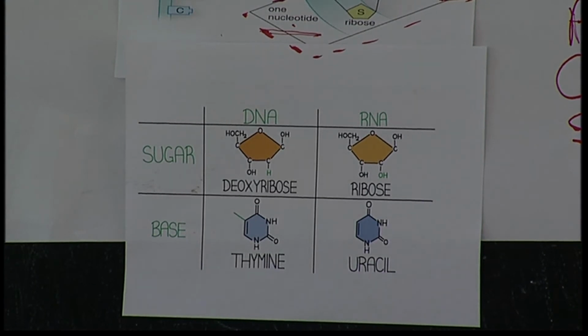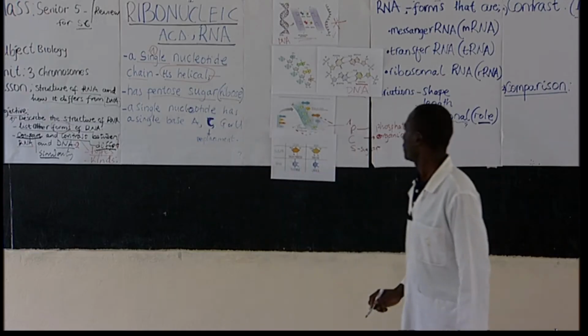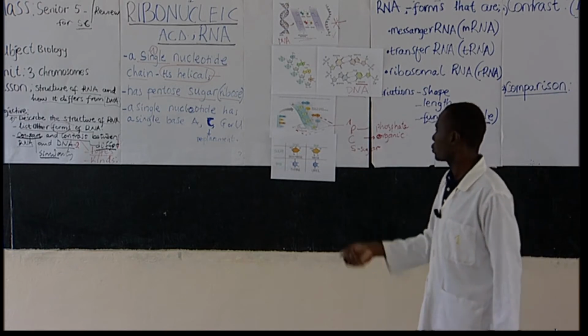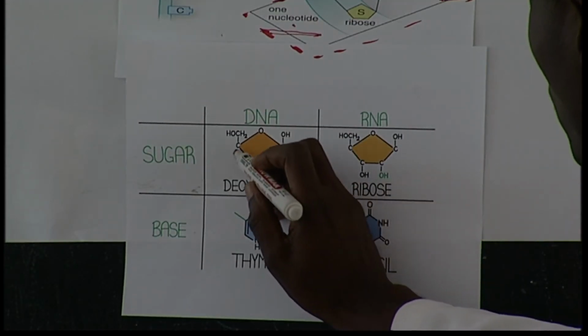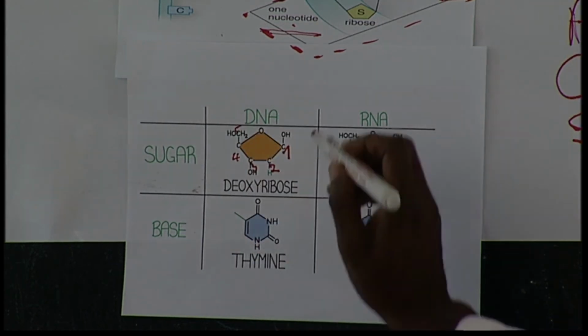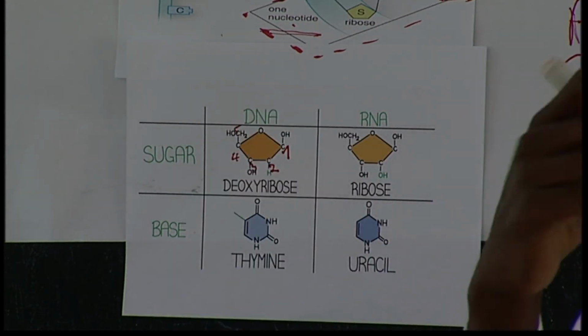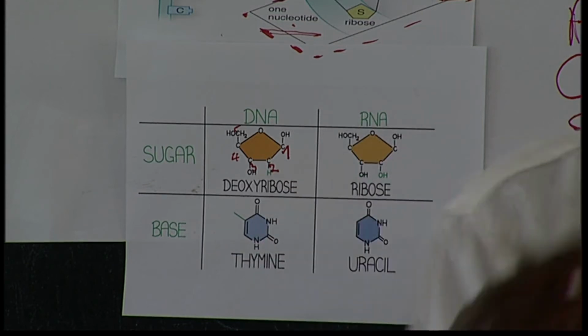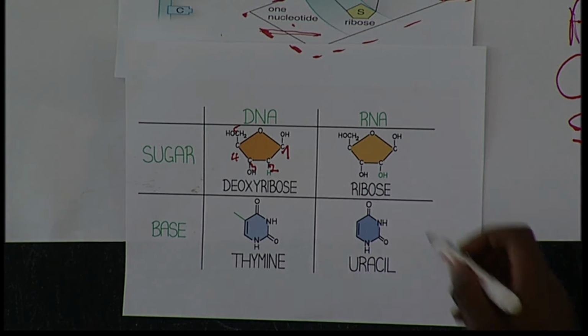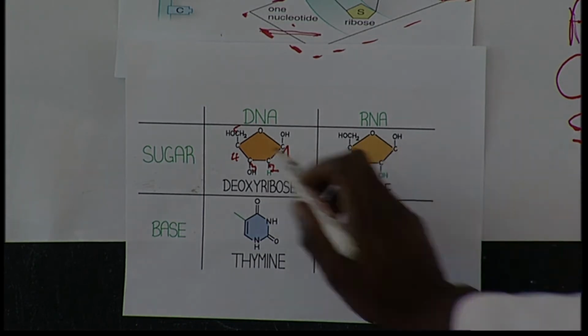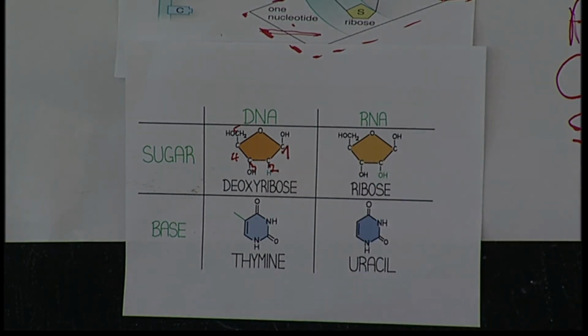If we say a pentose sugar, yes, it's a 5-carbon sugar. So we count 1, 2, 3, 4, and 5. So those are 5 carbon atoms on the sugar. 5 carbon atoms. Pentose, 5 carbon sugar. When it comes to this same sugar here, we need to check very carefully.